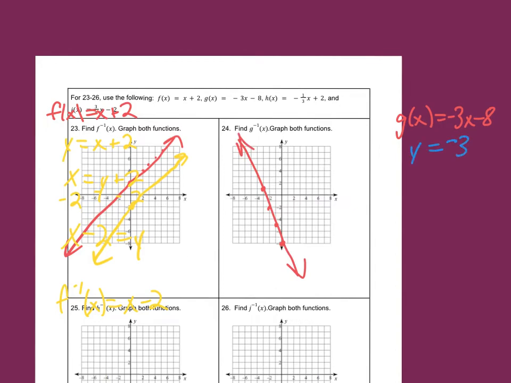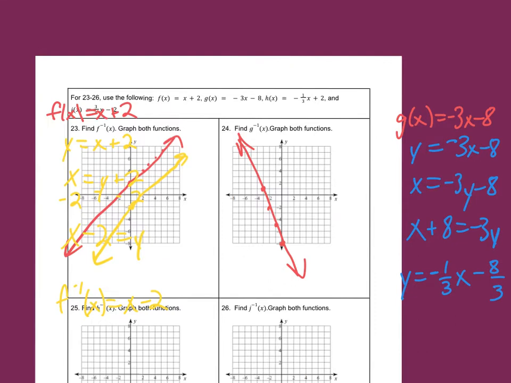Change it to a y, swap x and y, solve for y. Can divide, so this just becomes y equals -1/3 x minus 8/3, because we divided by a -3. Okay.